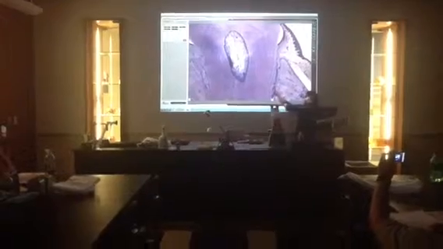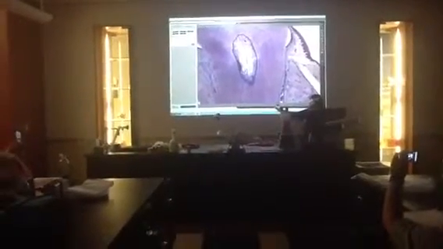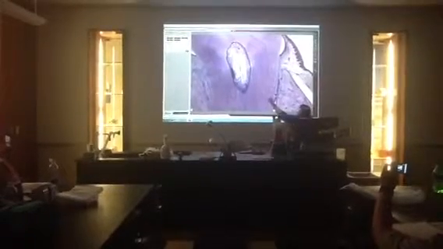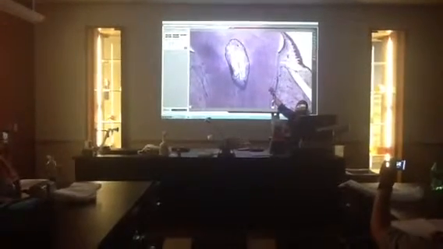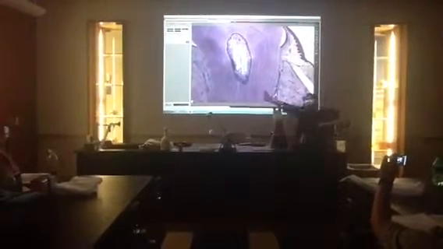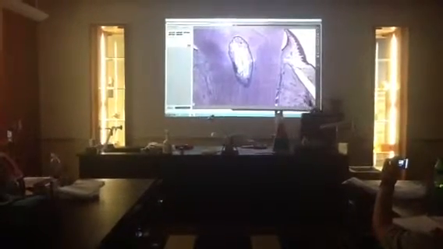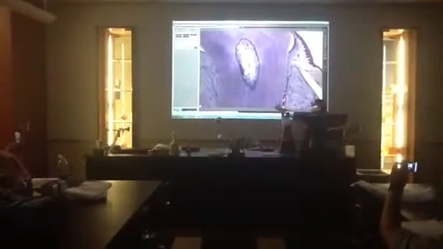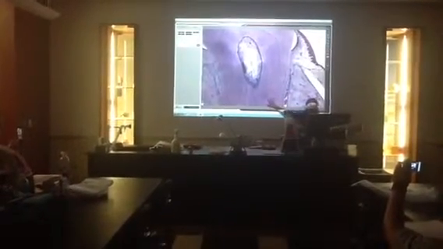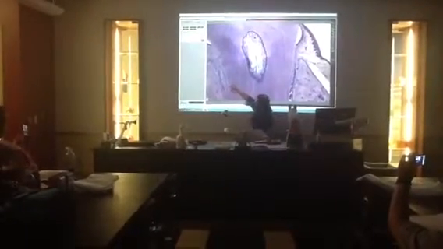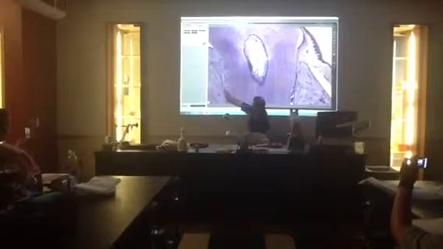At the very edge of the tooth, the outside layer, very thin, that's the cementum. And then we have the dentin again. So alveolar bone, periodontal ligament, cementum, and dentin. On this side, you have dentin, cementum, periodontal ligament, and alveolar bone.